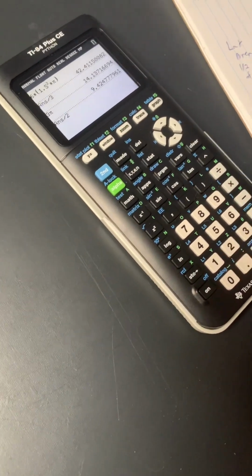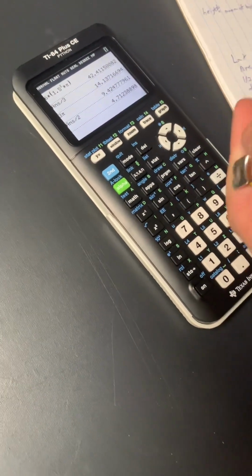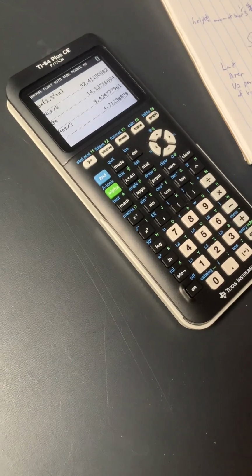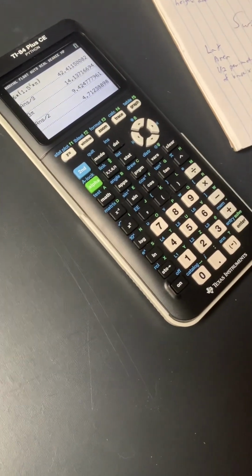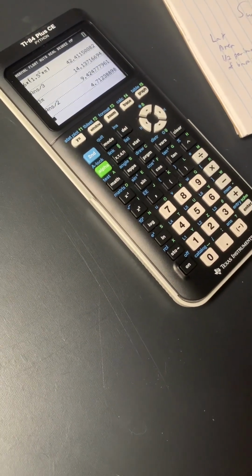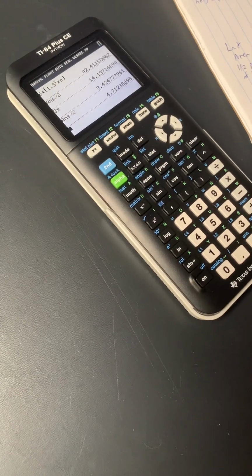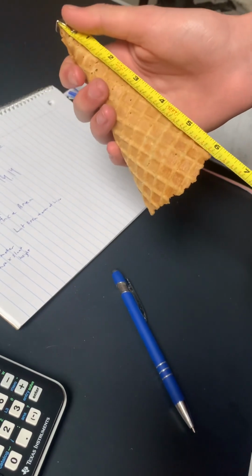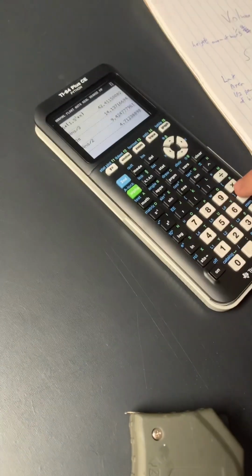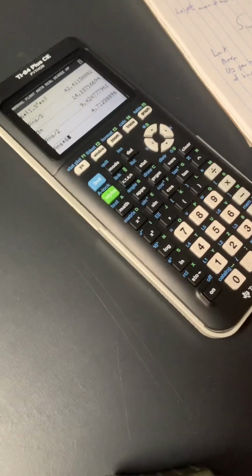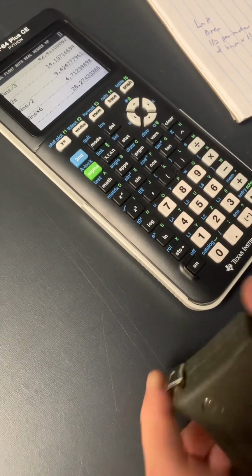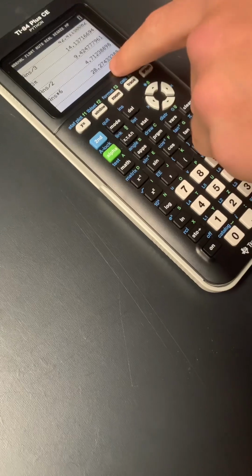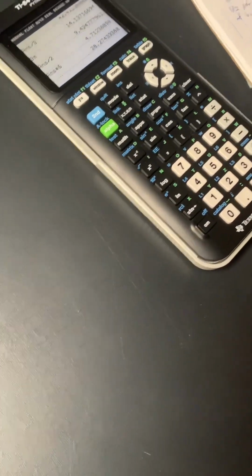Divide by 2 to get 4.71, and then multiply that by the slant height. The slant height is how tall the diagonal part of it is, and that's about 6 also. Multiply this by 6, and you get 28.27 for the lateral area.